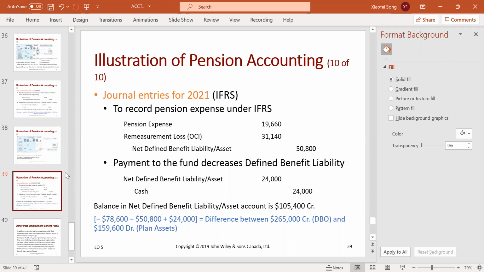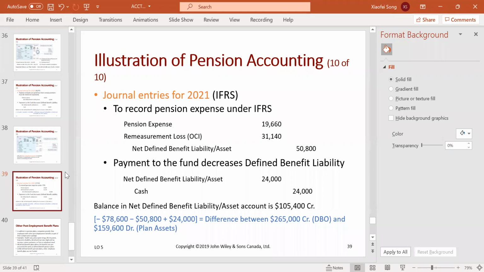The actuarial reassessment just gives you what the liability should be, because that's how they estimate future benefits, and you discount those benefits to the present value. That's what the DBO is, right? So the actuarial revision gives you a new DBO. They don't tell you whether there's an actuarial gain or loss and what the math is.